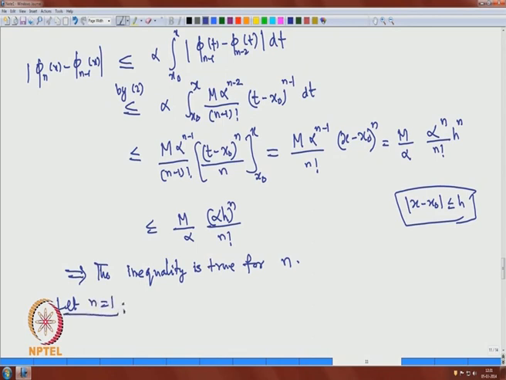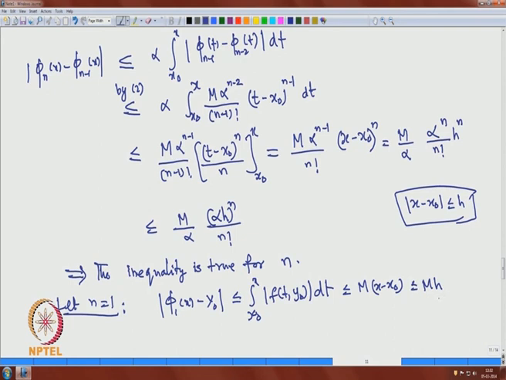Now, check for the case n is equal to 1. When n is equal to 1, we have that phi 1 x minus y0 is less than or equal to the integral from x0 to x of f of t, y0 dt, and f of t, y0 is less than or equal to M. So, therefore, this is less than or equal to M into x minus x0, which is again less than or equal to M h.